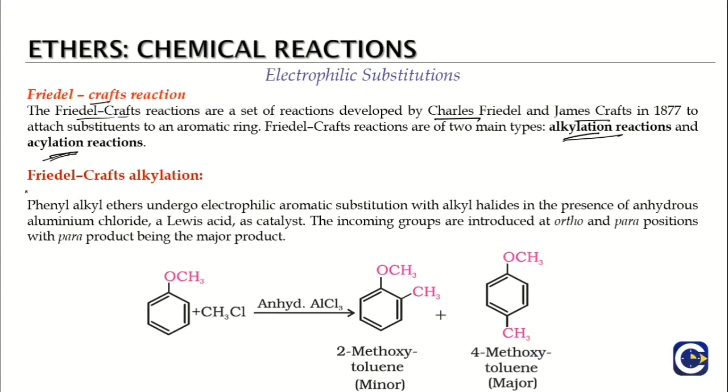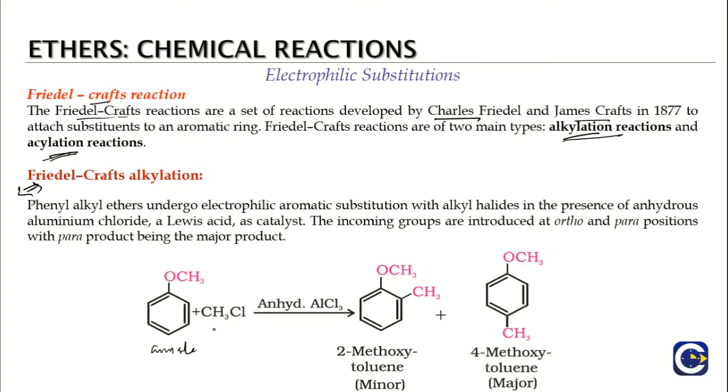Okay, so first is the alkylation reaction. We alkylate, means we add an alkyl group to the benzene ring, to the aromatic ring of the ether. This is anisole, phenyl alkyl ether.